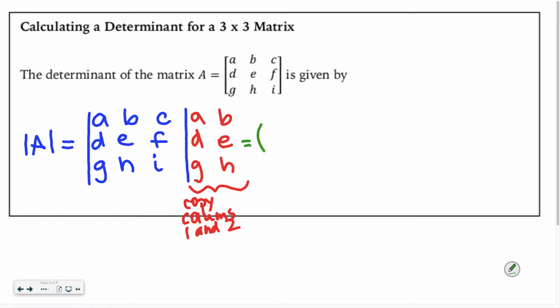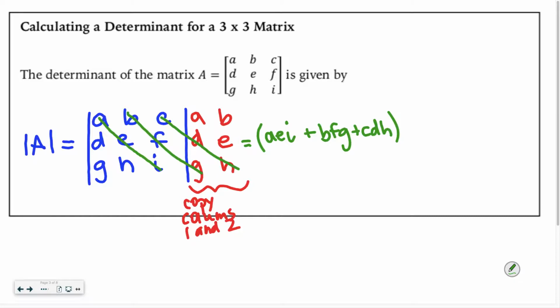So we're going to take A times E times I and add it to the next diagonal, B times F times G, and add it to the next diagonal, C times D times H. But then can we make any more diagonals with 3 numbers in it?